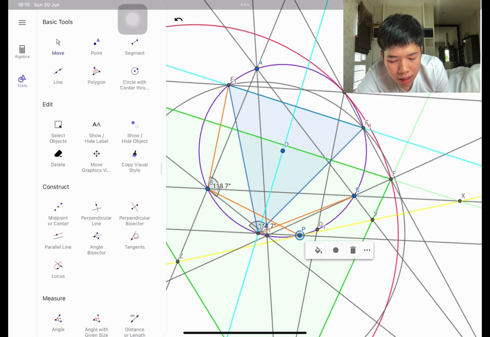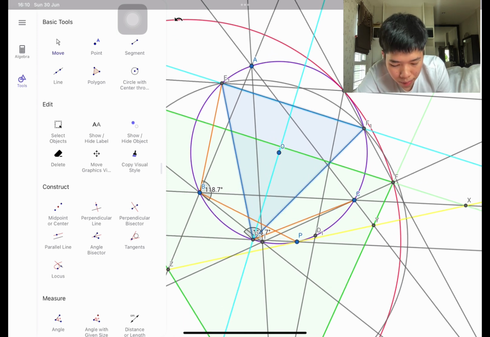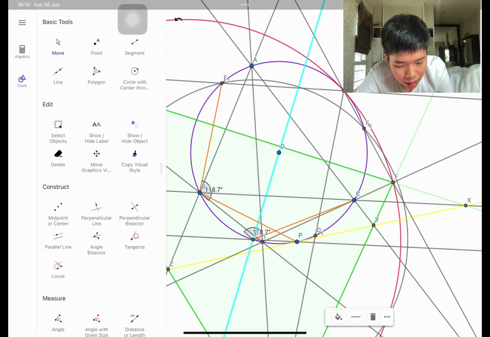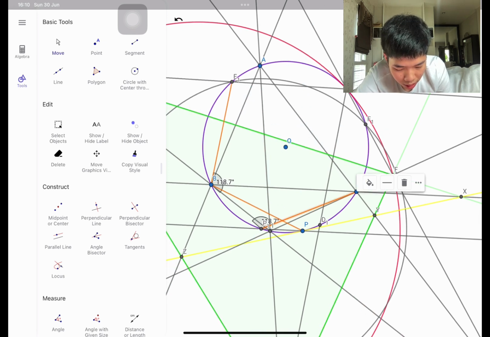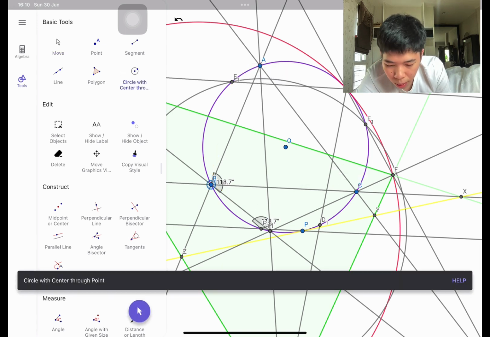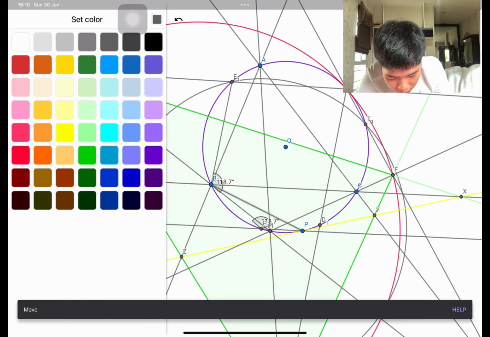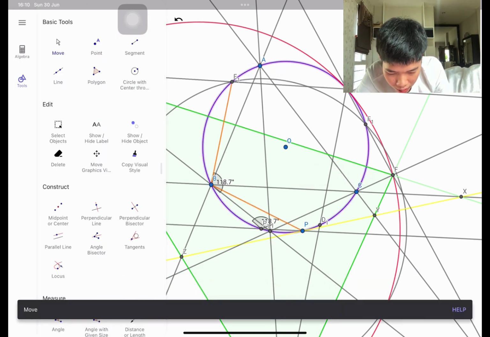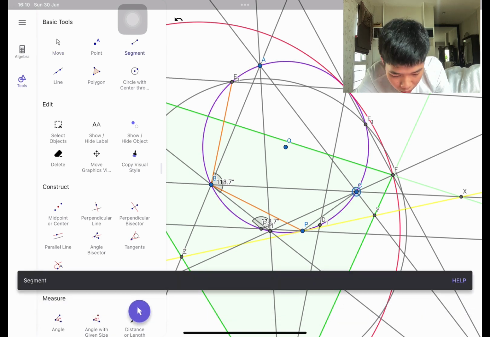This allows us to redefine E1, D1, and F1 again by discarding this, and instead define it as this point where BP and BE1 are equal, like this, and also like this.